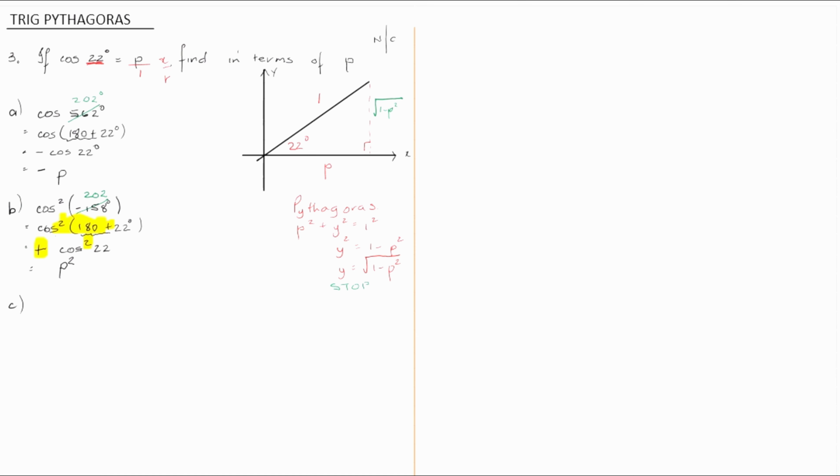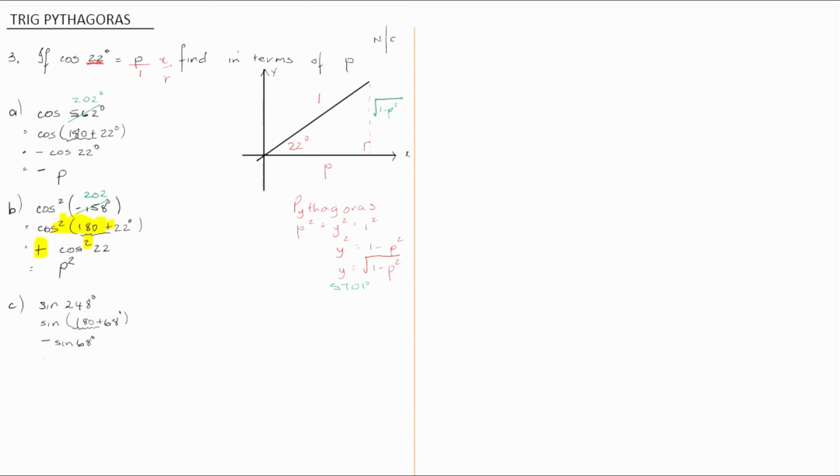Next one is sine of 248, which is in the circle, so I'm just going to reduce it using my CAST diagram. That's going to be 180 plus 68. Now we're going to say that is sine in the third, which picks up a negative, sine of 68.